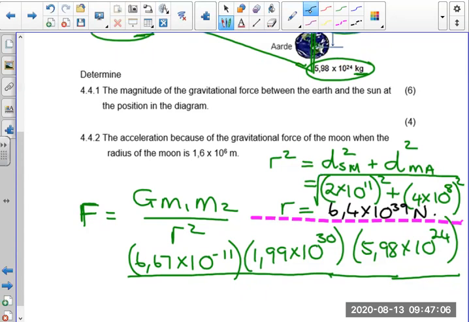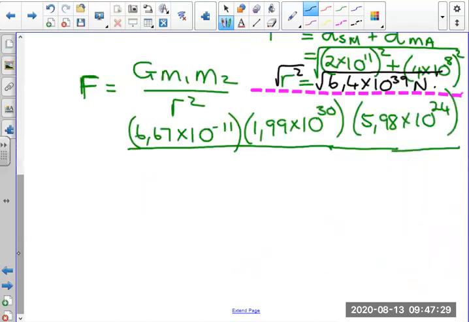Okay, no, and then the square root of this answer. Okay, so square root of 6.4 exponent 39, get an answer of 8 times 10 to the power of 19. Okay, so 8 times 10 to the power of 19.